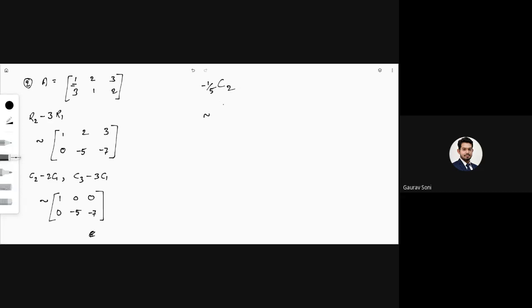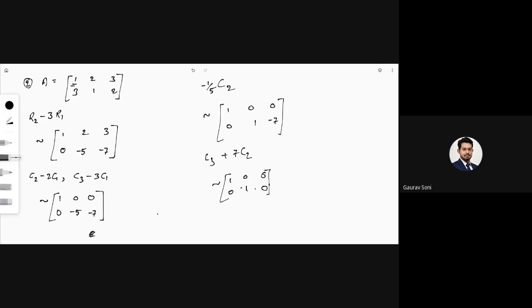So that will give me 1 0 0, 0 1 minus 7. And C3 plus 7 times C2. That will give me the matrix of the form 1 0 0, 0 1 0.